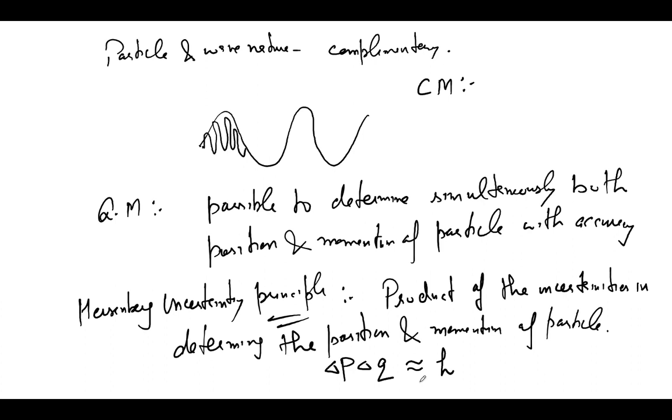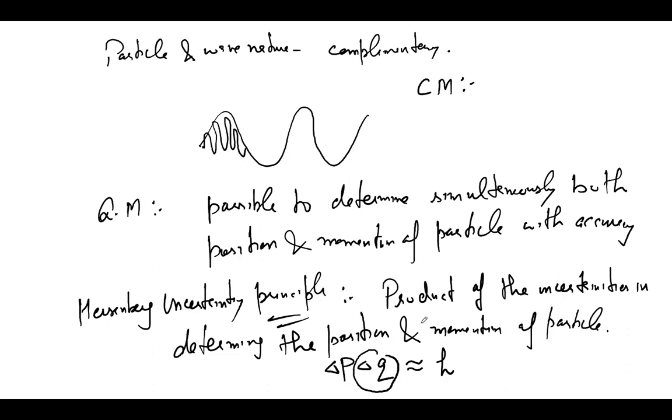Now, according to the above Heisenberg uncertainty relation, the smaller the value of delta Q, the more exactly we can determine the position of the particle, or conversely, the larger the value of delta P, the less exactly we can determine the momentum of the particle, and vice versa.